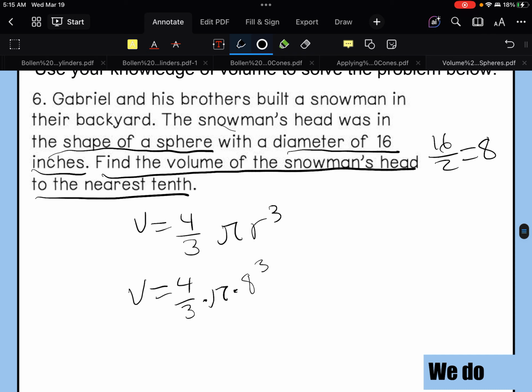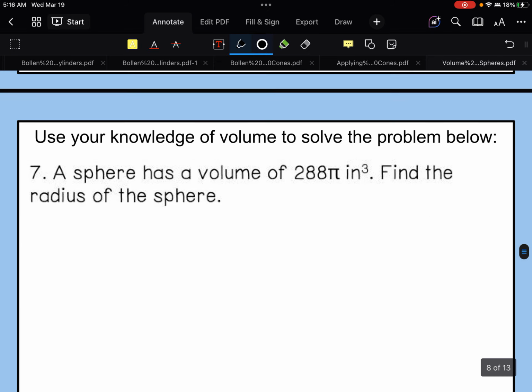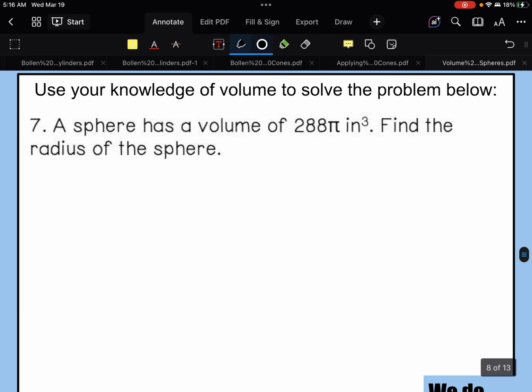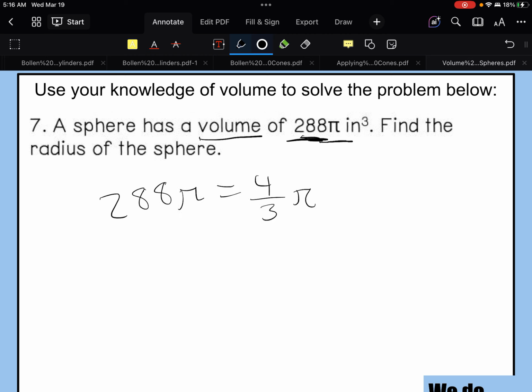Go ahead and pause and finish this one up. This one says the volume of a sphere is 288 pi inches cubed. Find the radius of the sphere. So we have 288 pi equals 4/3 pi r cubed.